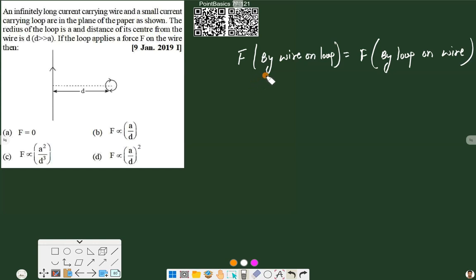From that, if we have to find the force by the loop on the wire, we can indirectly find it by finding the force by the wire on the loop.